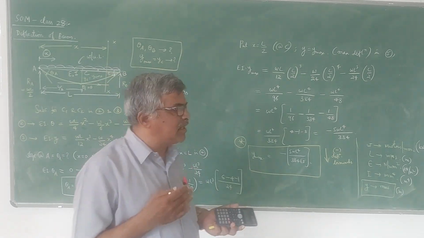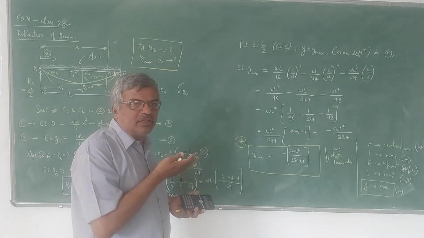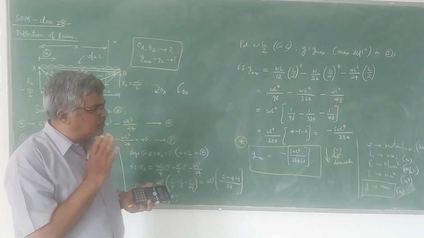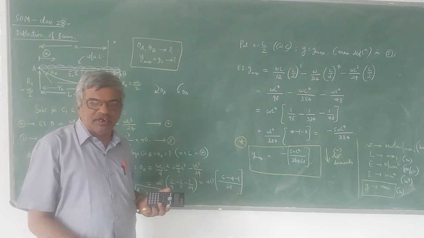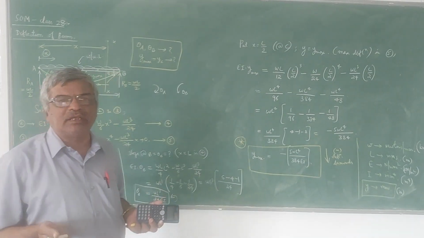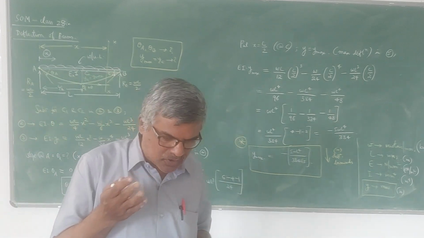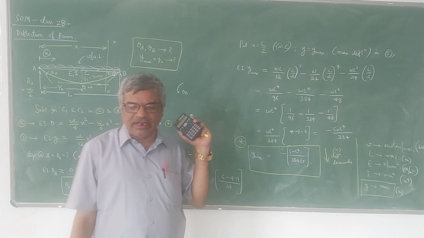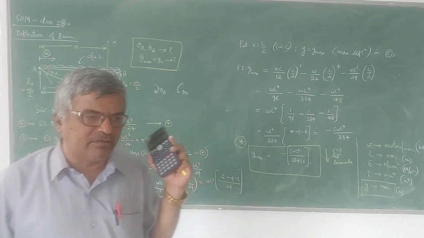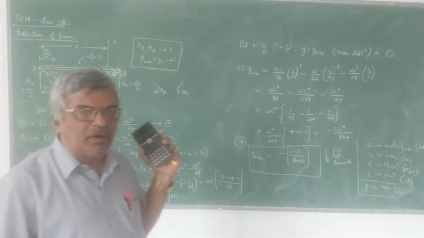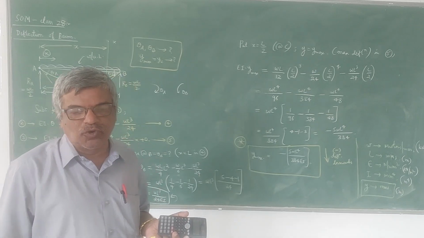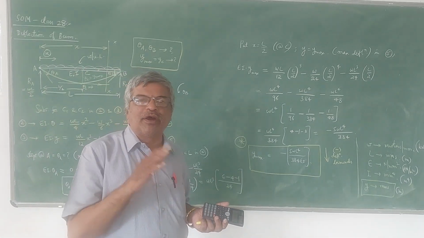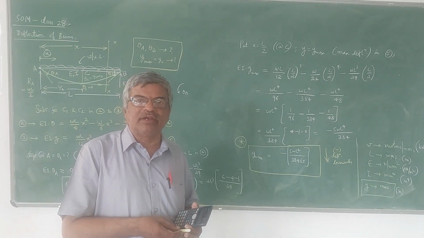So for statically determinate beams, we can find out the slopes and deflection using the double integration method in this fashion. Only thing is we have to evaluate those two constants of integration which we get after integration of the moment equation by applying the boundary conditions. Two boundary conditions are required to find out the constants C1 and C2.